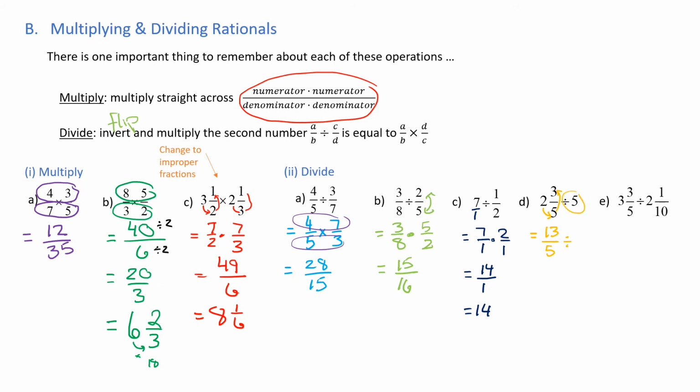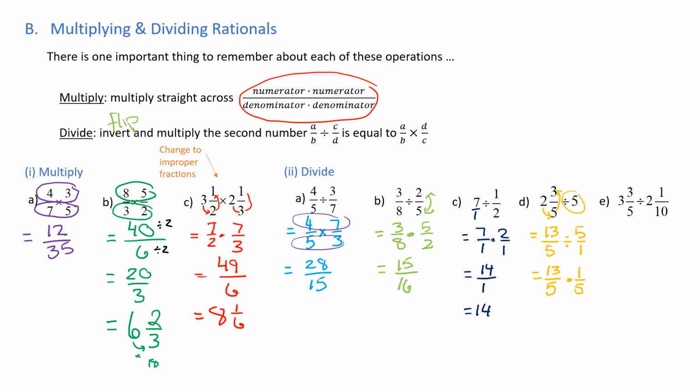This divided by 5, that's really 5 over 1, right? Remember we did that on the previous example? So this time I wrote in an extra line there. You don't need to write that extra line, but I just didn't want to skip any steps. Now I'm going to change it to multiplication, and it's 1 over 5 because of invert and multiply.